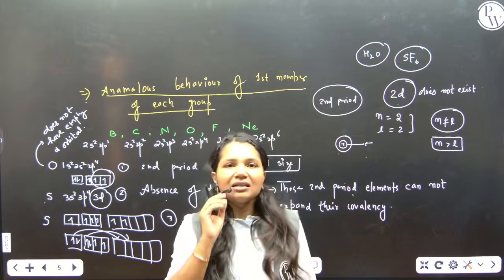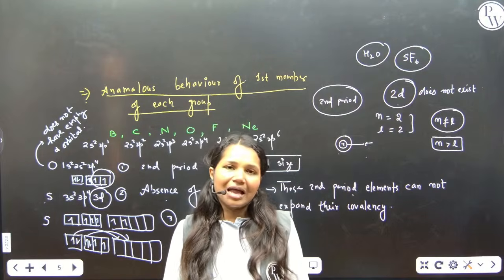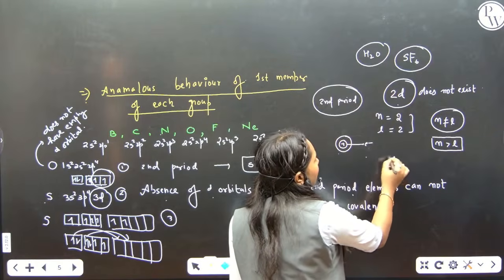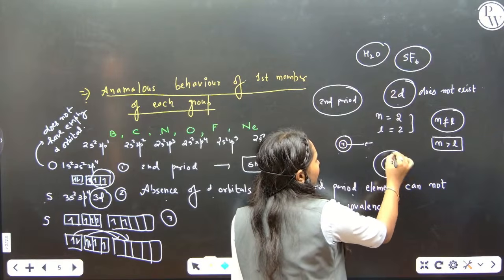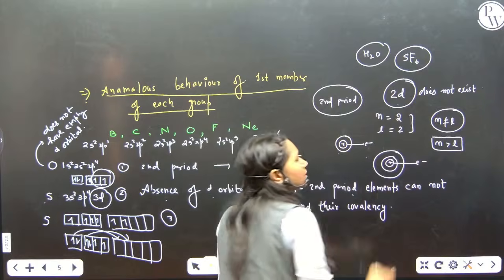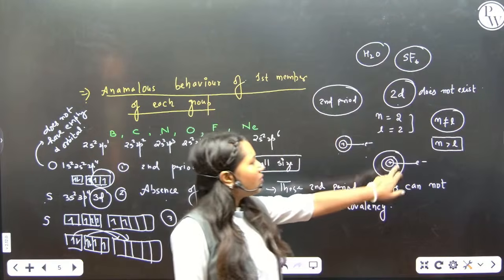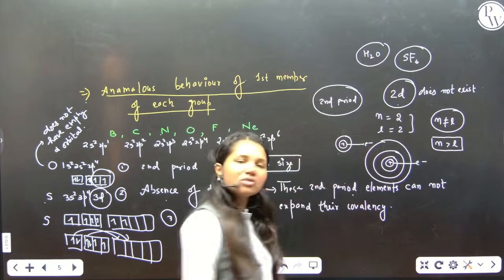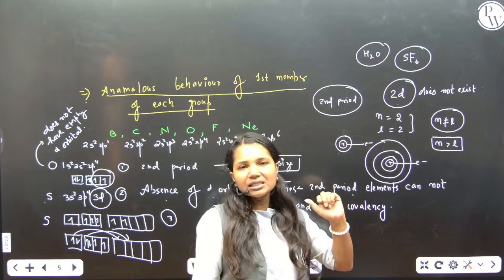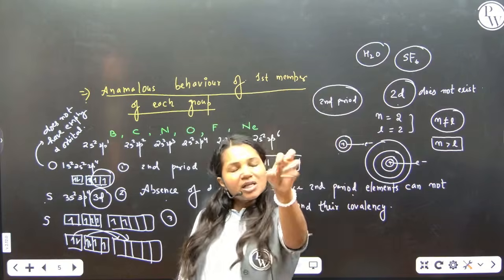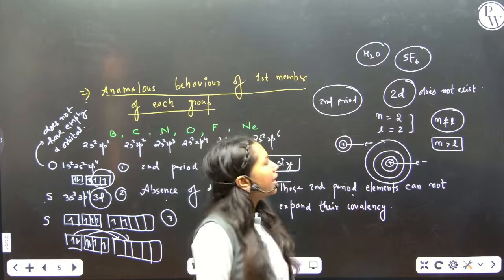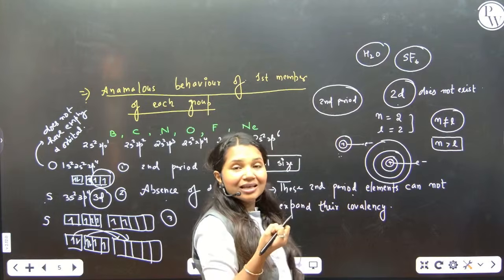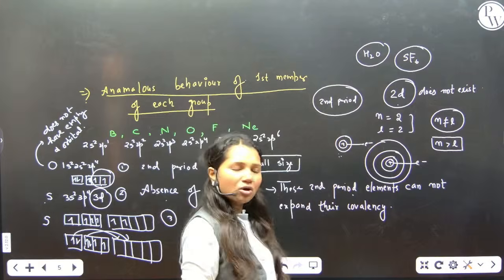It means that the electron can be easily attracted by the nucleus as compared to an element which is bigger in size. When it is large in size, the electron is far from the nucleus. When it is small in size, the electron is closer to the nucleus. So because of the small size, the tendency of the atom to attract an electron increases.